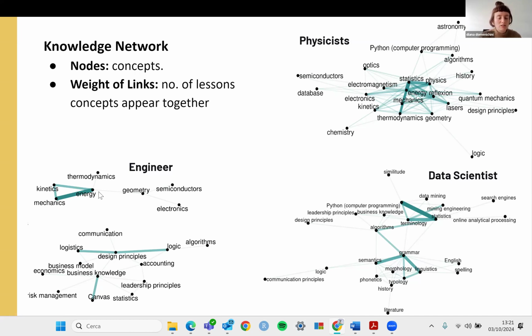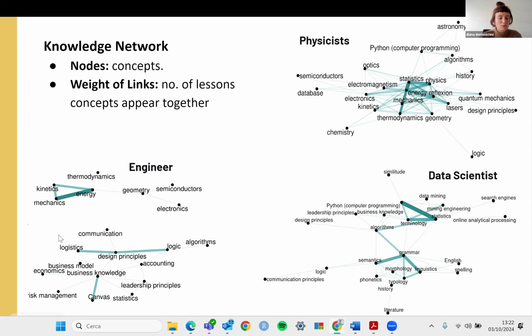In the first one, the upper one, we have knowledge related to mathematics, physics, and scientific terms. In the lower one, we have knowledge and concepts related to management and so on.